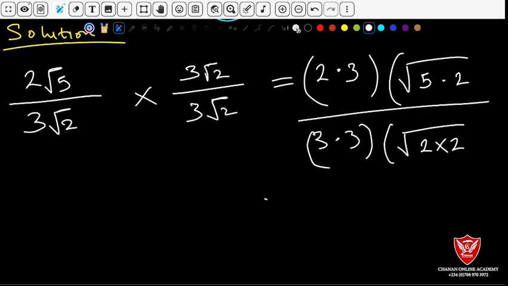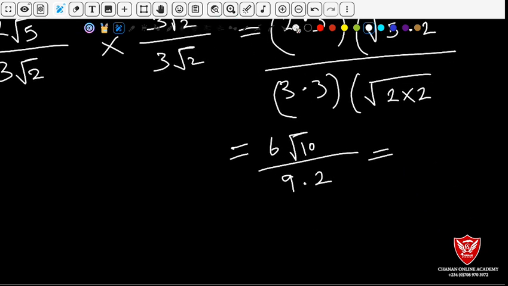Now 2 multiplied by 3 is 6, 5 multiplied by 2 is 10, so root 10, all over 3 multiplied by 3, which is 9. 2 multiplied by 2 is going to be 4, root 4 is 2, so we have 2.